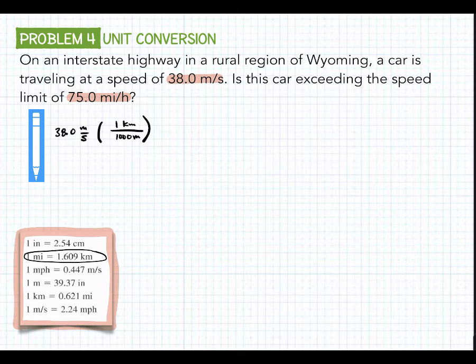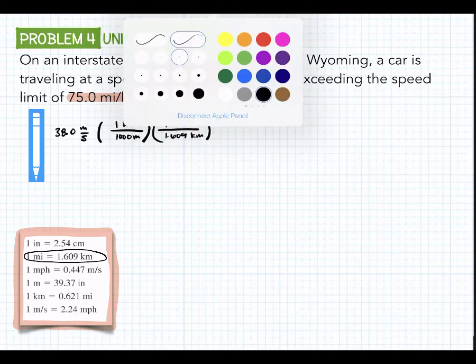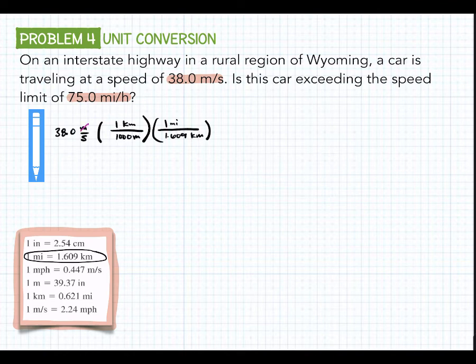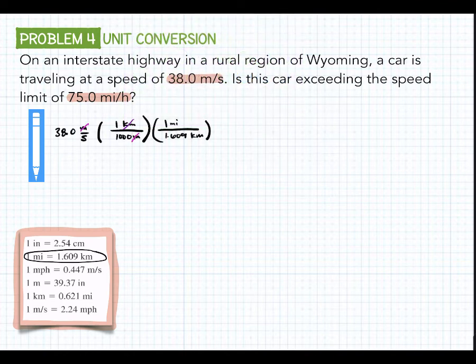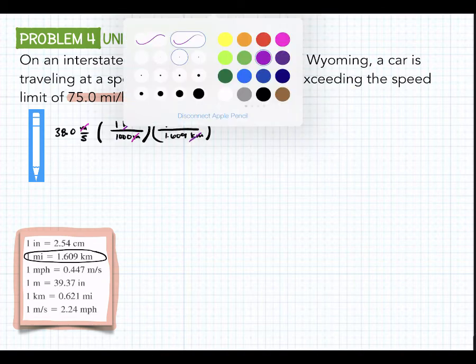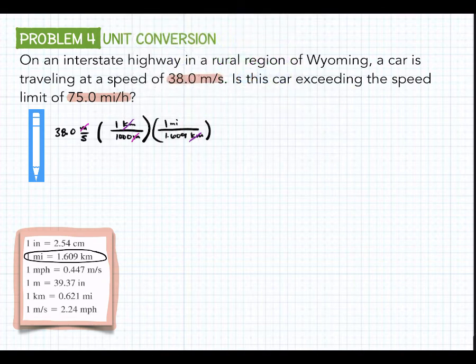For every 1 mile, you have 1.609 kilometers. Now this is important because with these last two, we canceled out meters, and now we're canceling out kilometers. So you just have to set these up to cancel out the stuff you don't want and convert to the stuff you do want.